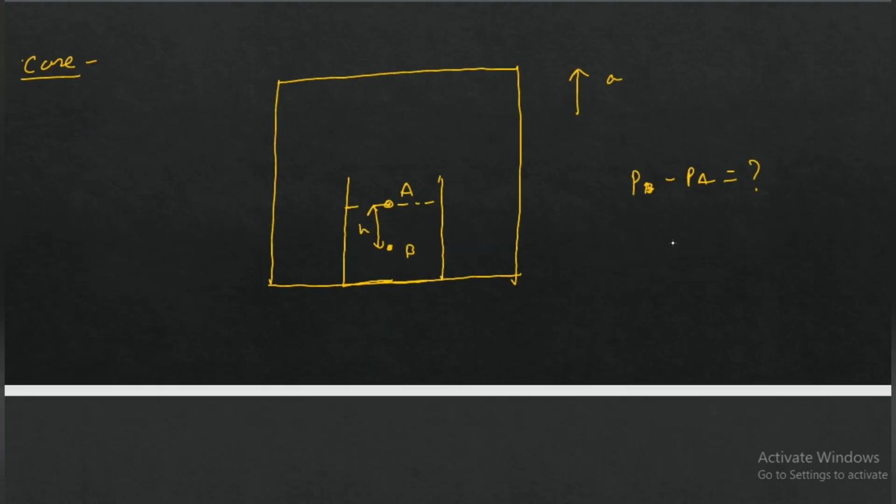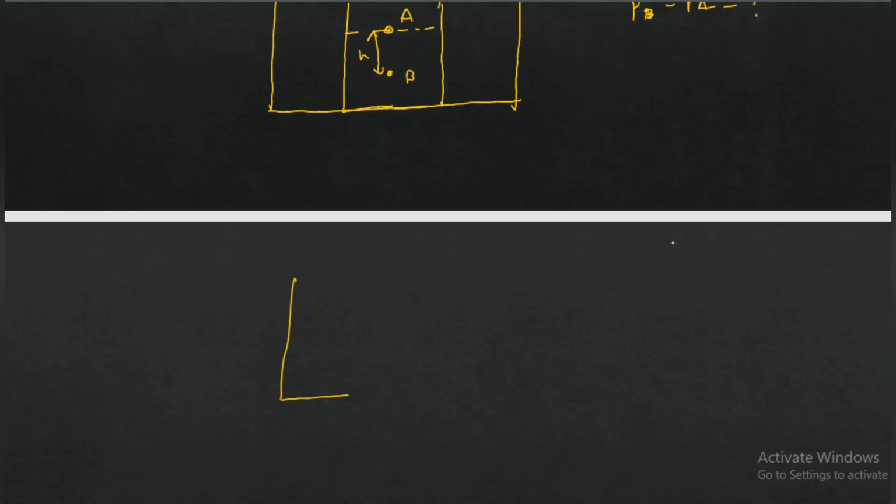In this case, what we do is just attach the observer to the container. The fluid is already experiencing acceleration due to gravity g, but as the observer is attached to the container, the fluid will also experience an acceleration of a, because the container has acceleration a upwards.